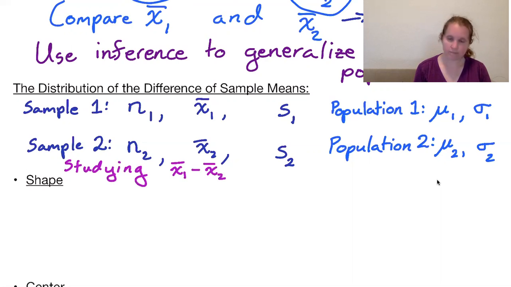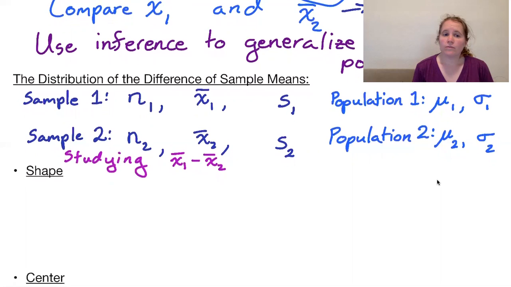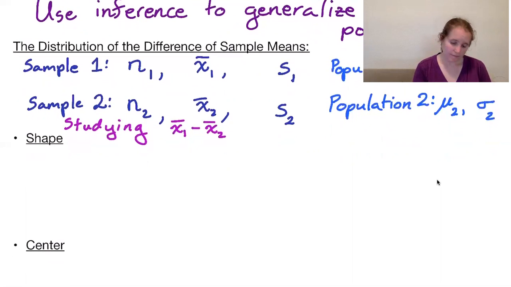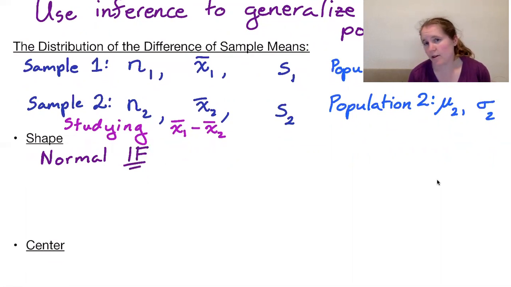So first thing we have is the shape. It turns out that the shape of this distribution is normal if either both populations are normally distributed or both samples are size 30 or larger.